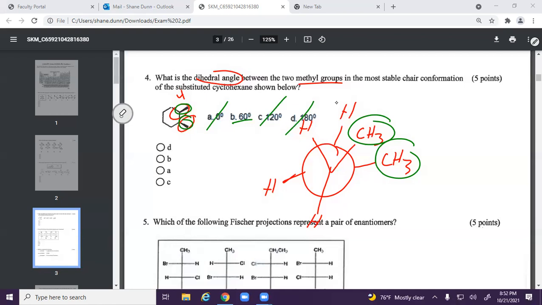That's gauche. Then you turn it all the way. That's anti, goes back to gauche, and then total eclipse again. Technically: total eclipse, gauche, anti, gauche, eclipse, total again.